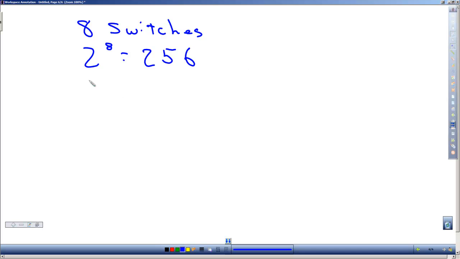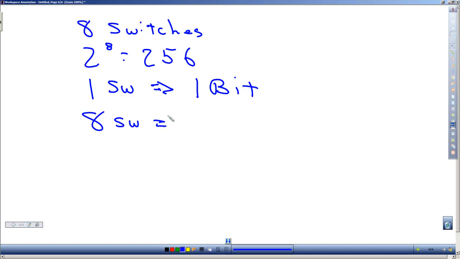Each one of those switches, I'll just say SW here, we call a 1 bit. Now if we combine 8 of those switches together, or 8 bits, we call that a byte. And a byte is typically the unit of storage in a computer system that we work with the most.